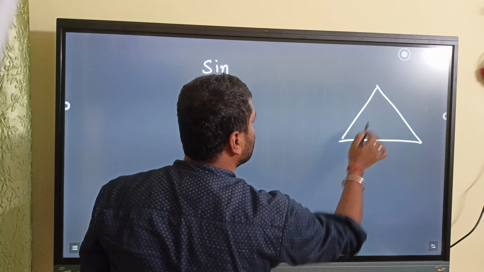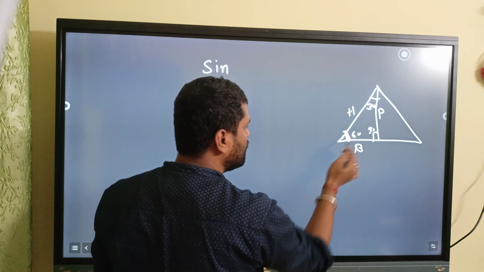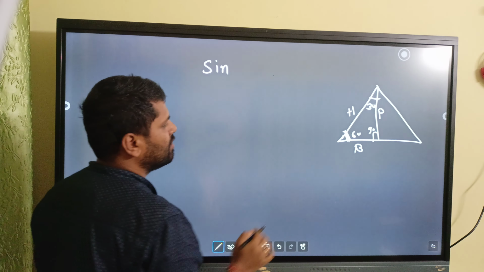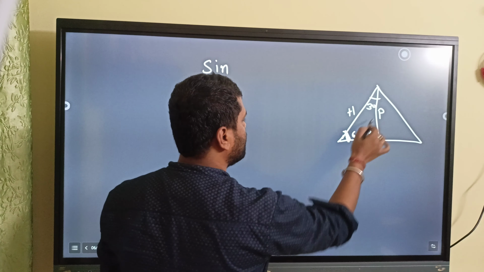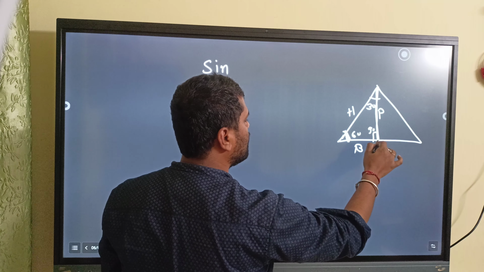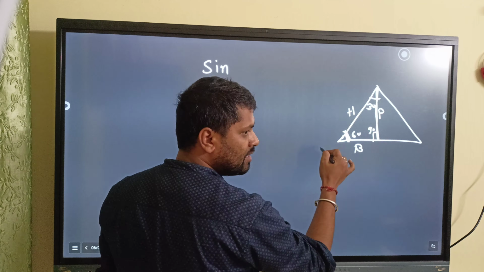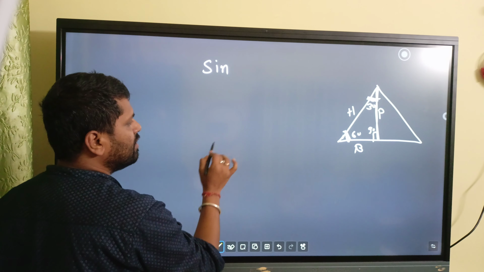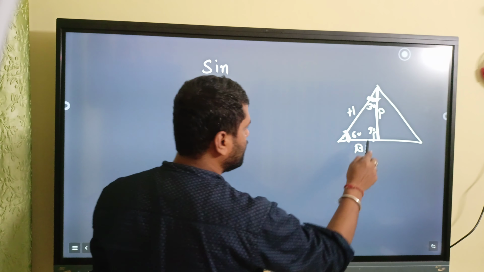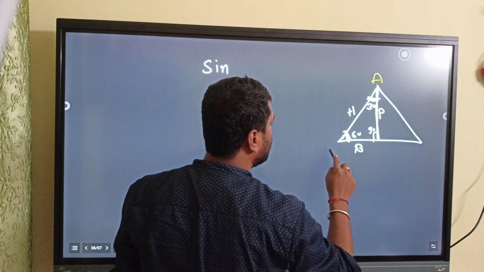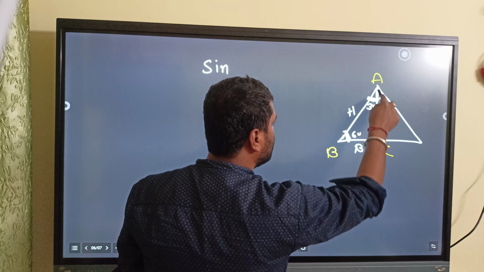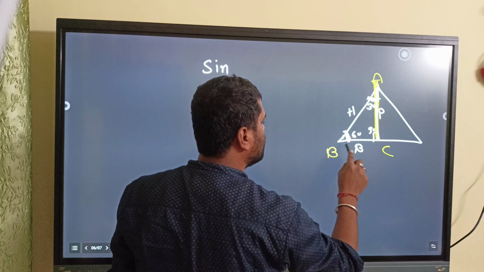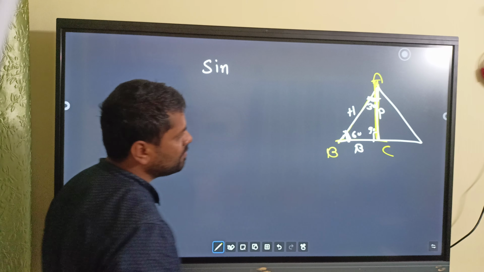So when you say sine 60, okay, so what will be sine 60? P by H, right? Correct? But if you see this 30, okay, cos 30, try to understand. You consider this triangle, name it A, B, C. This is AC, and this is BC, and this is AB.